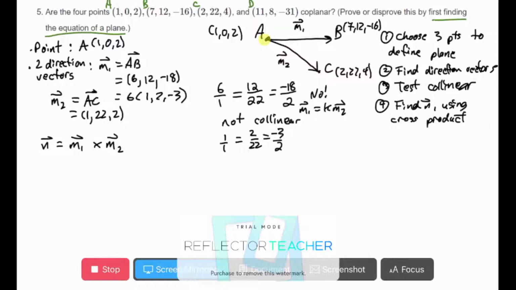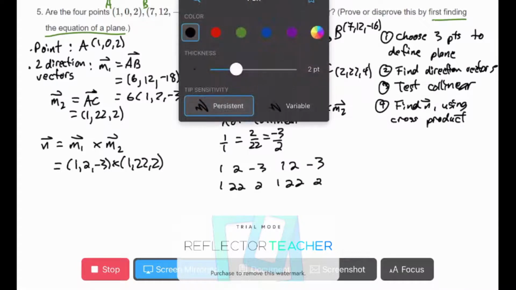Doesn't change anything. Let's find our normal vector. So m1, we got a little bit easier numbers to work with now, is 1, 2, negative 3, cross 1, 22, and 2. Let's use our cross multiplication method. 1, 2, negative 3, 1, 2, negative 3, 1, 22, and 2, 1, 22, and 2. Chop, chop.